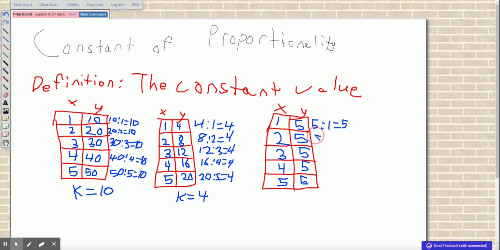My second row now would have a ratio of 5 to 2, which would give me a rate of 2.5. And so right away, I have two different ratios here. And because I have two different ratios within a given set of information, I am not going to have a constant of proportionality. Right away, this tells me that my constant of proportionality is going to be 0.